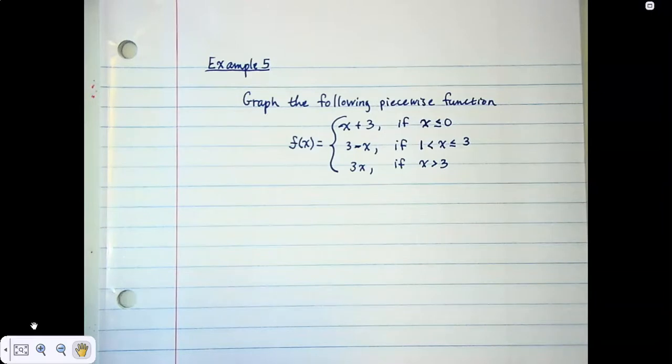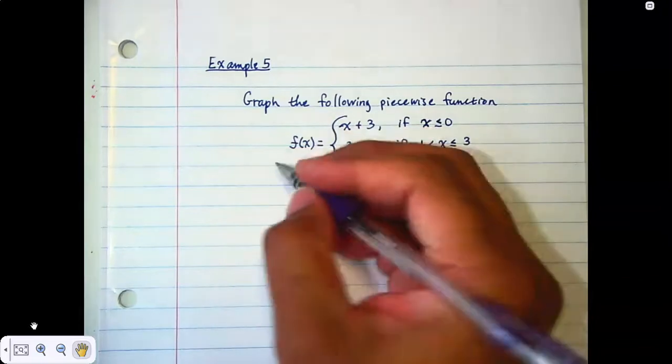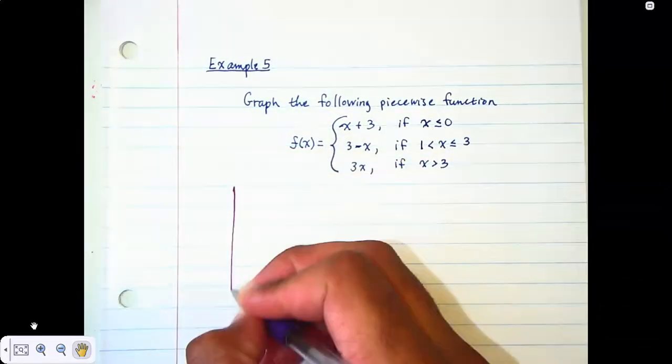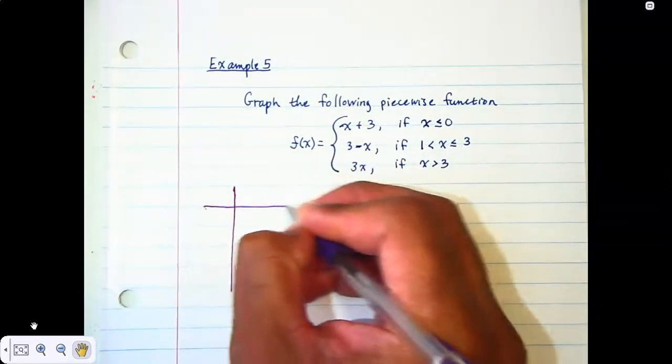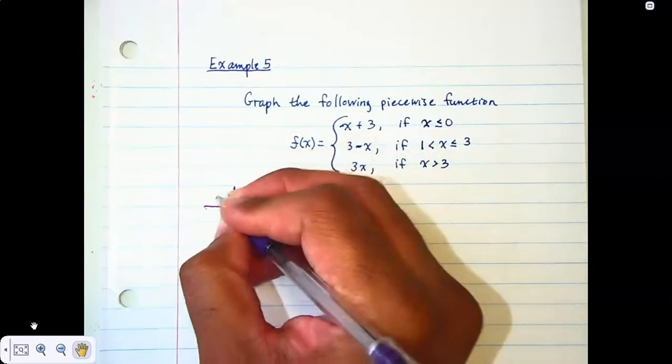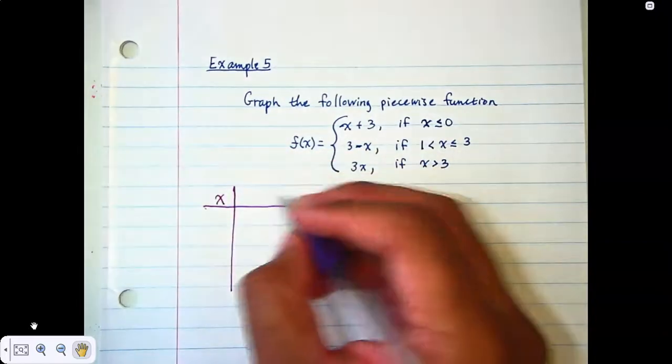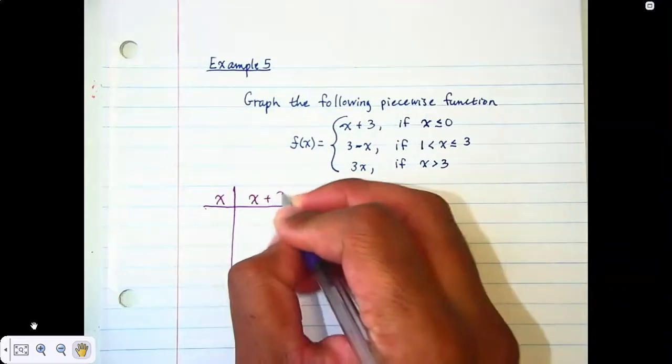So we're going to fly through the tables because we've done that already. We've done like 2 examples of it, just focusing on the tables itself. All right. So here, we have 3 tables because there's 3 functions. So the first table is going to be x plus 3.